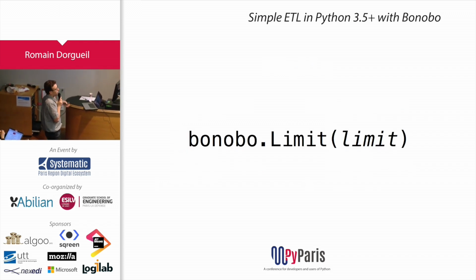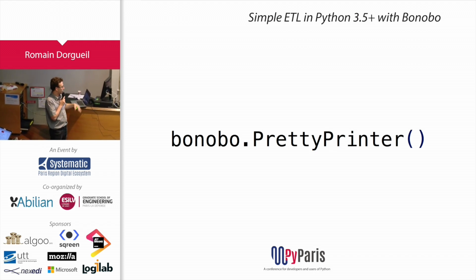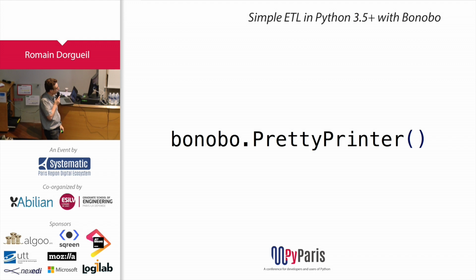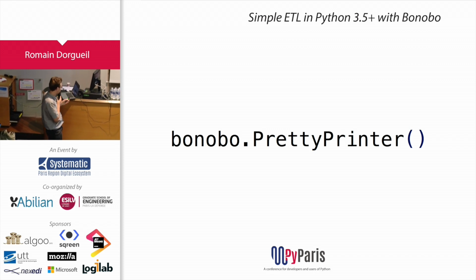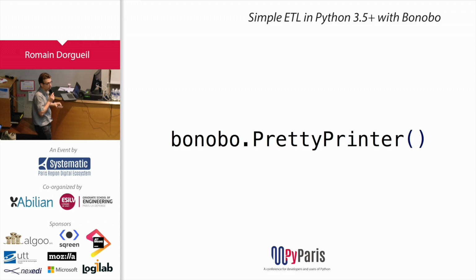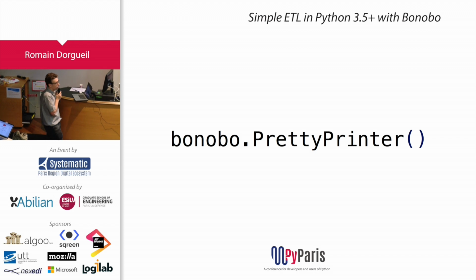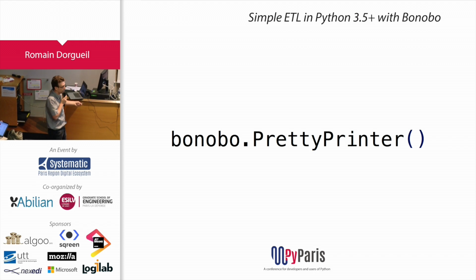You can limit whatever passes through the stream, so you can say, okay, drop whatever comes after the first 10 elements. You can display things in the console. And of course, you can implement whatever you need for your own case. It's not really the topic of Bonobo to read CSV because there is something in the standard library. So it's more like examples than a real standard library.